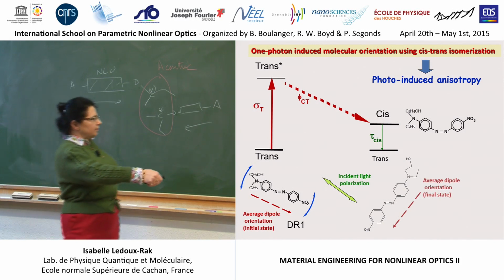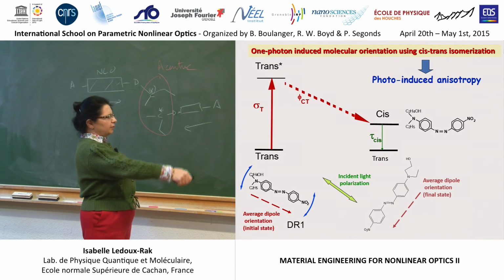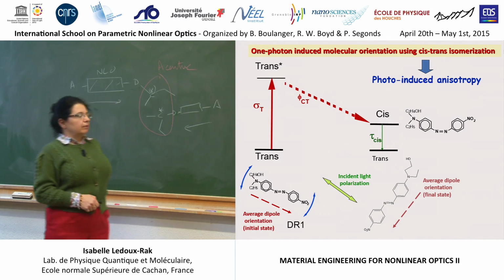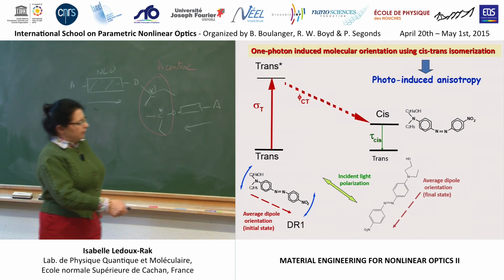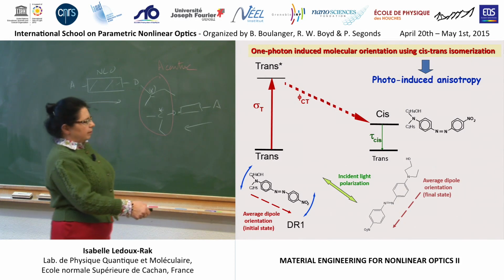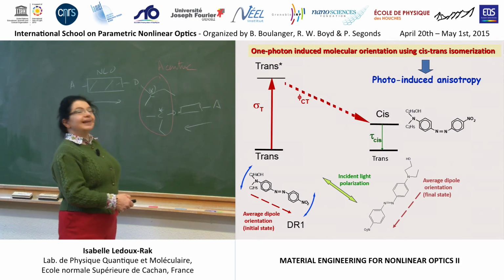Because in that case, the polarization will have no interaction with the electrons of the molecule, and the average dipole will remain stable. So this is average dipole orientation, but keep in mind that it's not really dipolar.